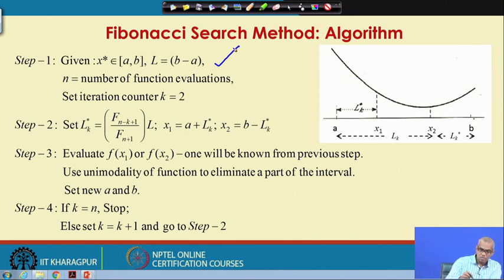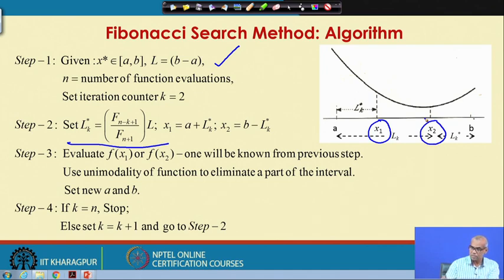Next, let us make use of our definition of Lk star, which is f(n minus k plus 1) by f(n plus 1) into L, to locate point x1 and point x2, which will be Lk star distance away from either end.